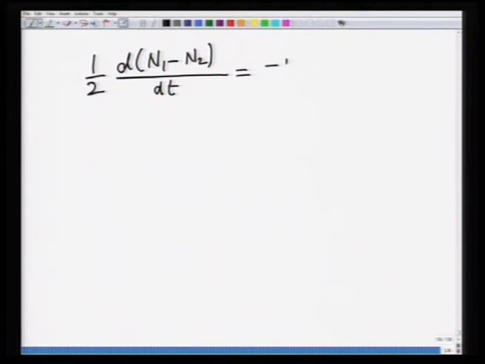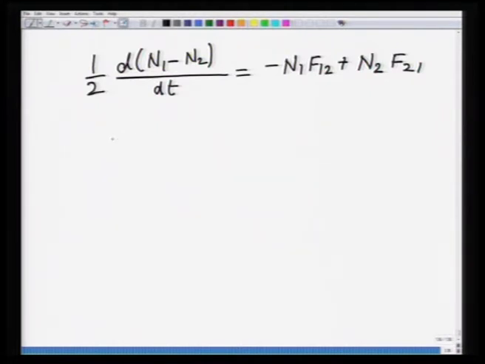So this becomes half of d(n1 minus n2) divided by dt, and this is equal to minus n1 f12 plus n2 f21. Okay. Now we know what f12 and f21 are, so we just make a replacement.